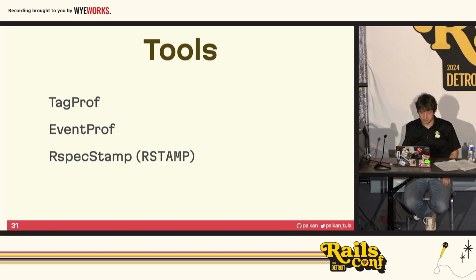It's usually used really once to figure out the direction in which you want to continue profiling. And maybe whenever you start a second round of optimization, you use it again. And we tried EventProf and RSpecStamp. They were really useful for us.